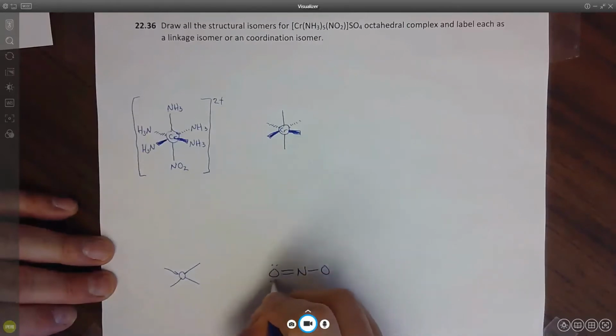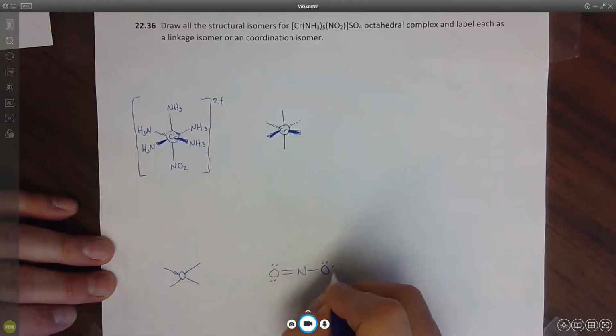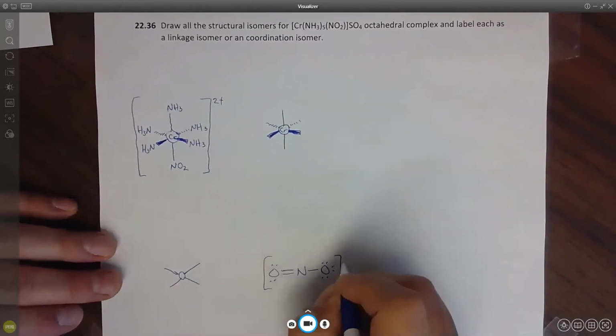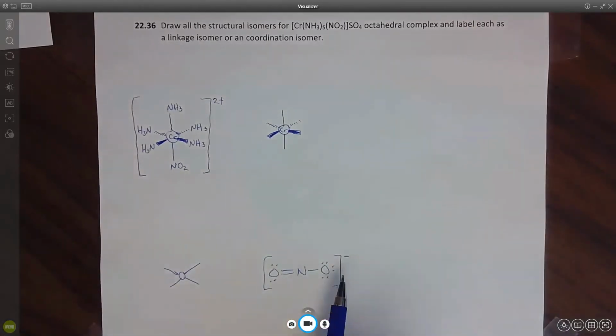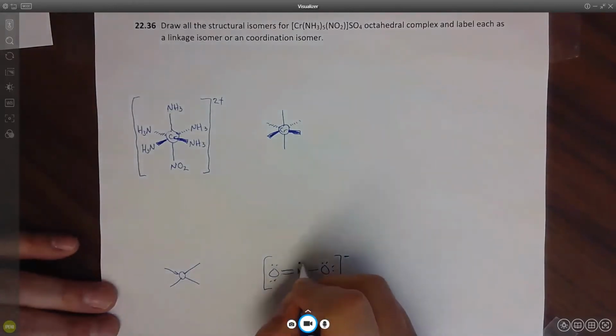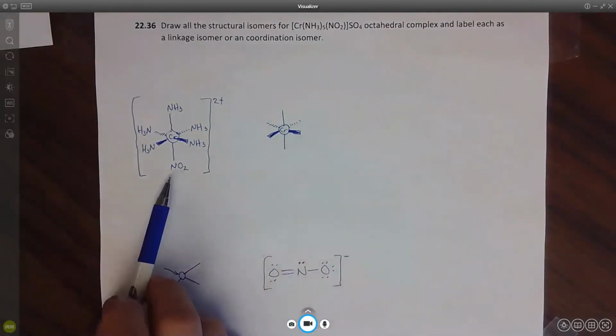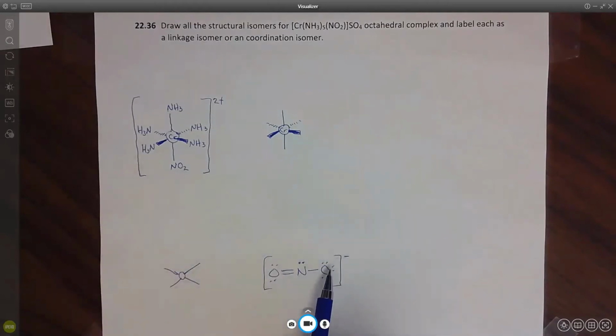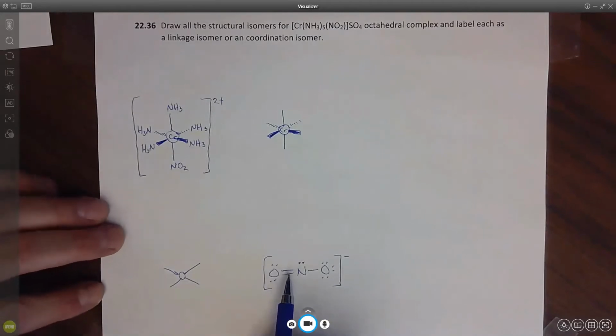It has the lone pair, and then it has 3 sets of lone pairs here. Remember, it too, of course, is an ion. And so we could basically switch between the lone pair on this nitrogen. That's what we showed here. And we could actually use the lone pair on the singly bound oxygen. Remember, the lone pairs on the double bonded oxygens generally don't form coordinate covalent bonds, and if they do, they're very weak.